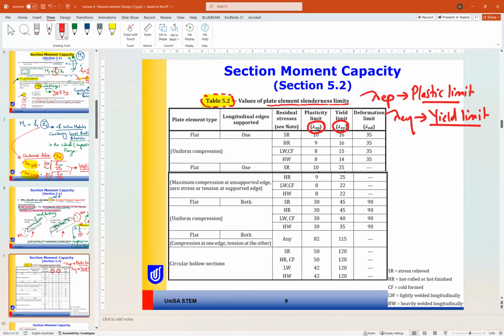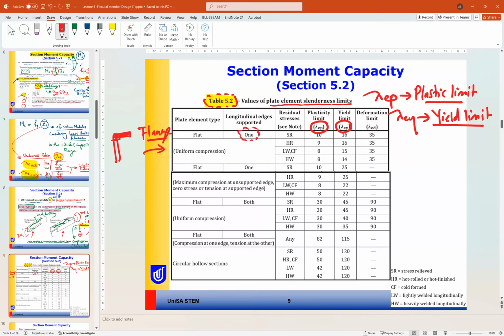So we will go to table 5.2, and for example, if we have a flange, the flange is supported from only one end. So for the flange, if it is under uniform compression, we need to check what the residual stress type is.